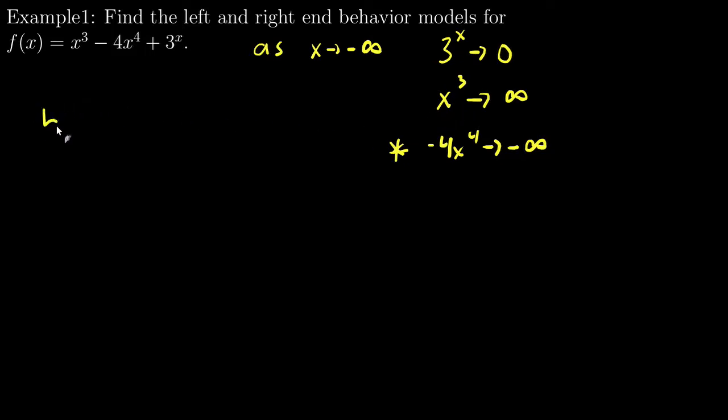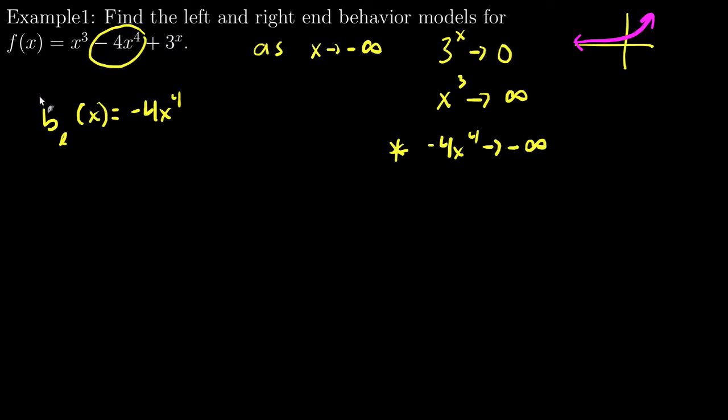So the left-hand behavior model will equal negative 4x to the fourth. Again, I have this exponential, but it's on the wrong side. To the left, 3 to the x is approaching 0, making very little difference.